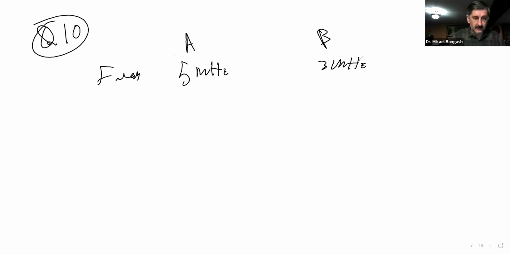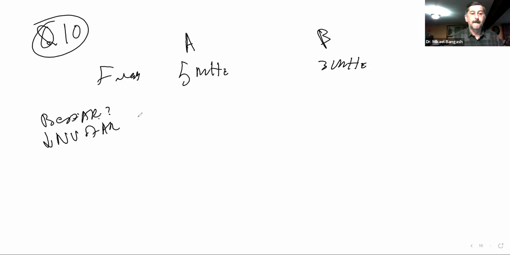They're asking us two things. Which of these two, A or B, has the best axial resolution? That's question number 1. Which transducer has the lower numerical value of the axial resolution? As far as we know, best axial resolution comes from high frequency.